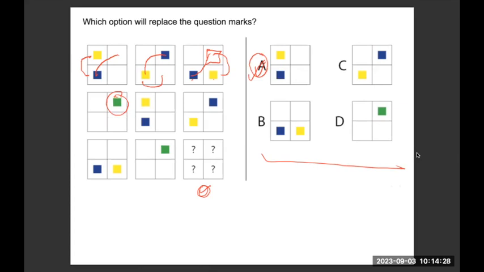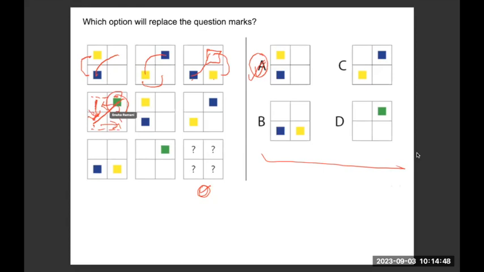Blue will be moving along this axis, while the yellow colored box will move along this axis in an anti-clockwise direction. It moves like this in an anti-clockwise direction, and then like this, and then like this, and then again like this.